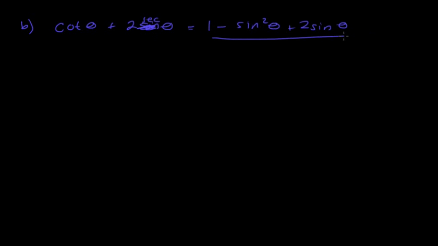Let's do cot theta plus 2 sec theta, this will be fairly tough, equals 1 minus sine squared theta plus 2 sine theta all over sine theta cos theta.